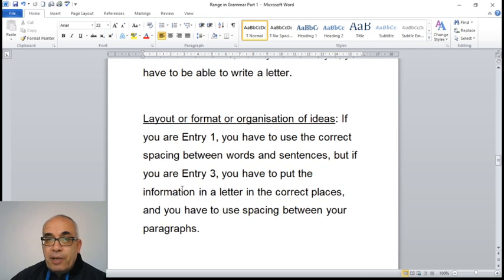So this is an example about the range in your layout. You can watch the video again and again, because this information is really useful for you, even if you go to very high levels. And when I give you the examples, you will see the range in front of you.